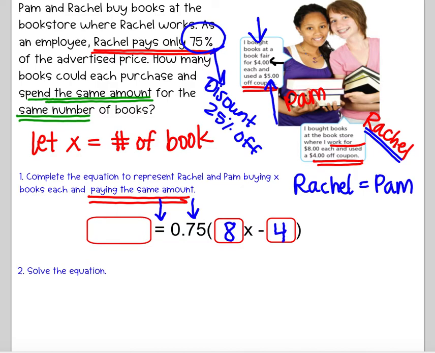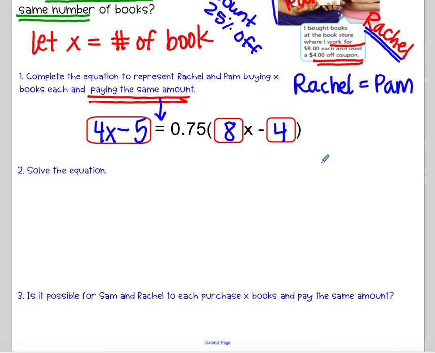How would I write that? $4 per book, take off the $5 coupon. Here is your equation to represent how many books they're buying, x, and they have to pay the same amount, so they need to be equal. Whenever you want something to be the same, it's going to be equal.